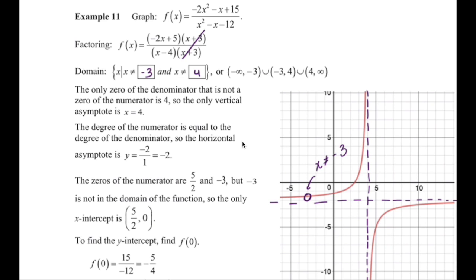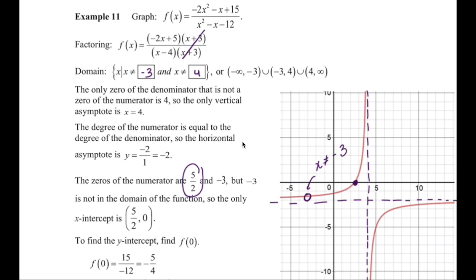The zeros of the numerator: when I set each piece, negative 2x plus 5 equal to 0 and x plus 3 equal to 0, and solve, my zeros for my x-intercepts are going to be 5/2. So here's my zero.